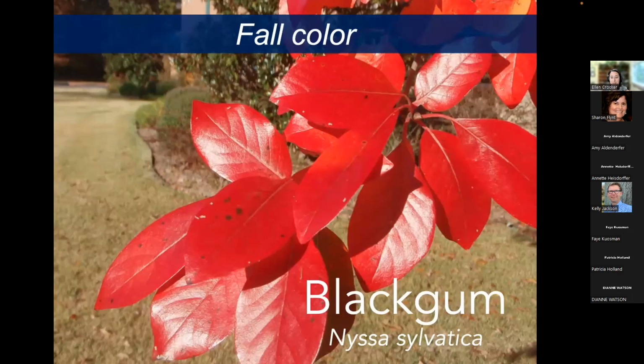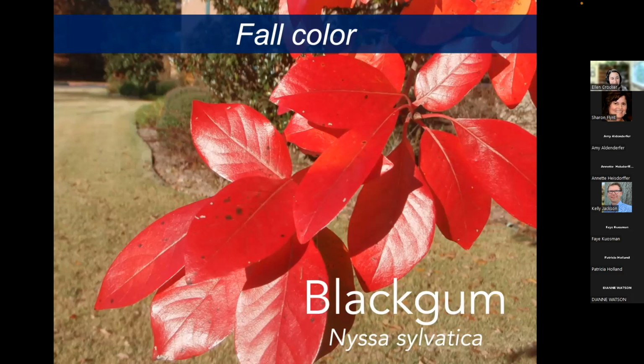And so, one that I'd really recommend for somebody who wants that beautiful fall color, but maybe wants more of a larger tree, would be black gum. If you haven't heard of this, I'm sure you will in the future. It's kind of an up and coming landscape tree, I'd say, and you'll see it used a lot more.